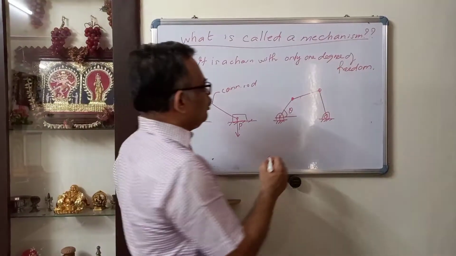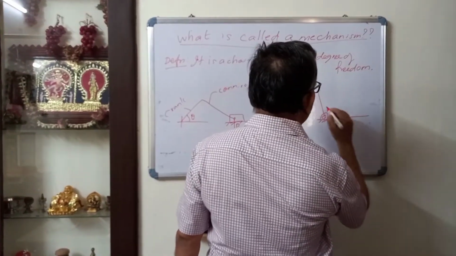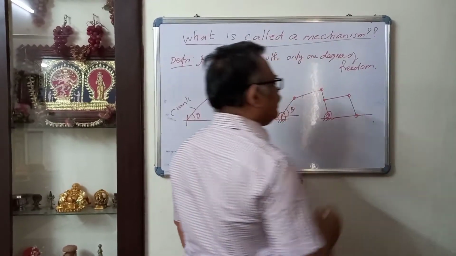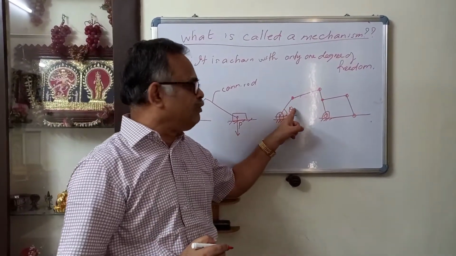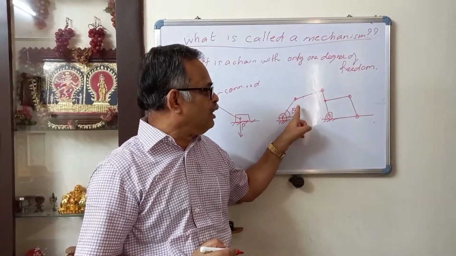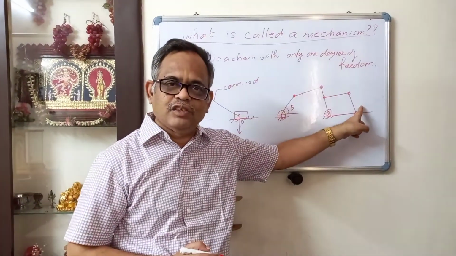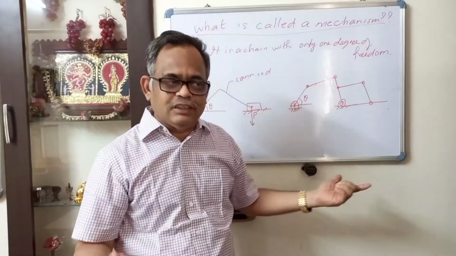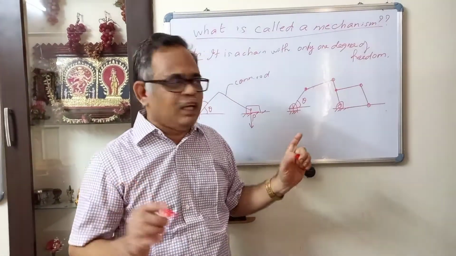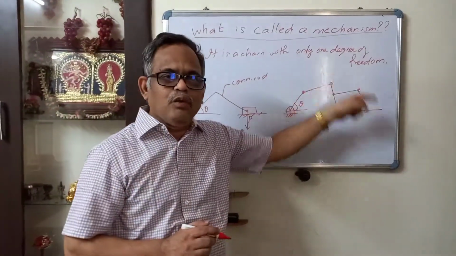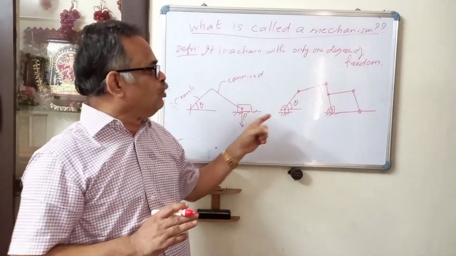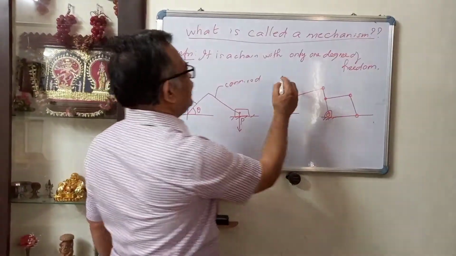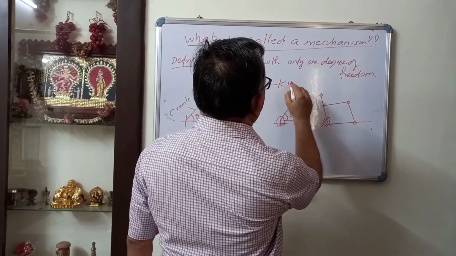Then let us assume this is extended further like this, and you take another link like this. Now also, if theta is defined, then the position of all these links is fixed. Can it change? Once this is fixed, will these two change? It cannot change. So one variable theta is sufficient to fix the relative position of all the links. So it is a chain with only 1 degree of freedom. Such a chain is called a kinematic chain.